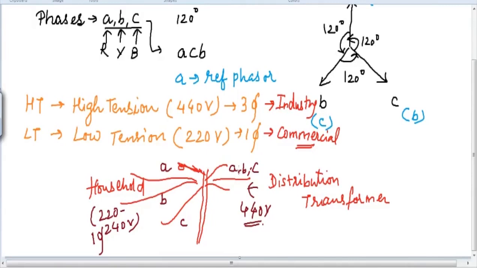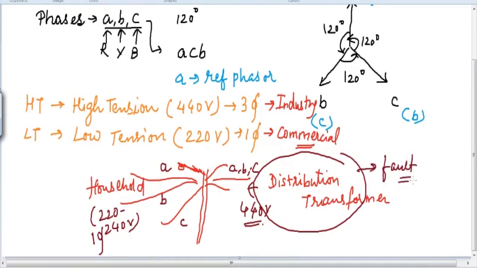Whenever there is a failure at this end, or a fault has occurred at this end, what will happen? Because of this fault, there will be an unbalance in the system, and this unbalance can penetrate into the system of the household users, let's say in phase A or phase B or phase C. Whichever phase it goes to, the user has to get protection at their level so that their equipment will be protected and there will be no damage to that household.